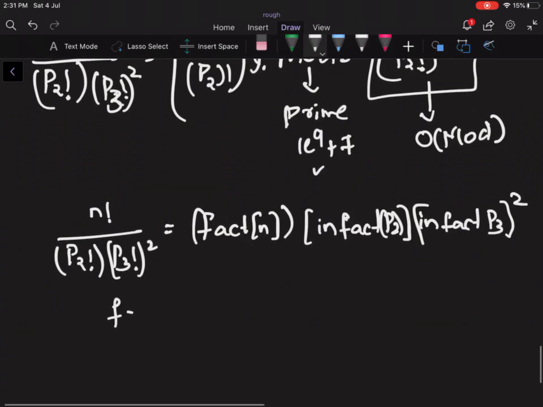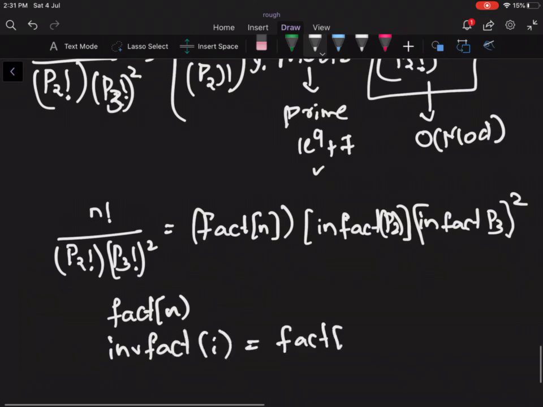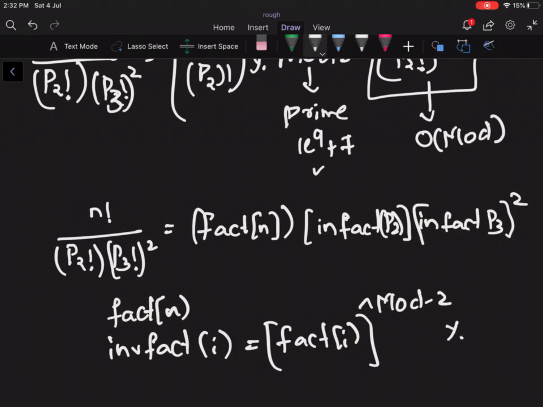And note, while calculating fact n, calculate inverse fact also. Inverse fact of I is nothing but fact of I power mod minus 2 percentage mod.